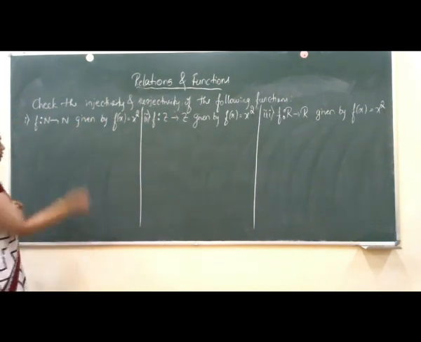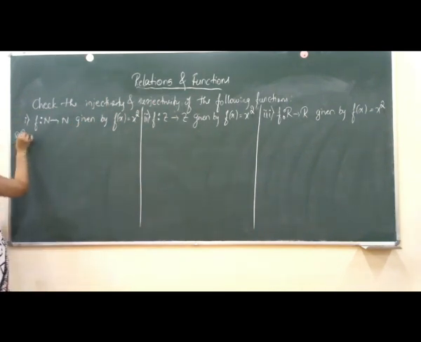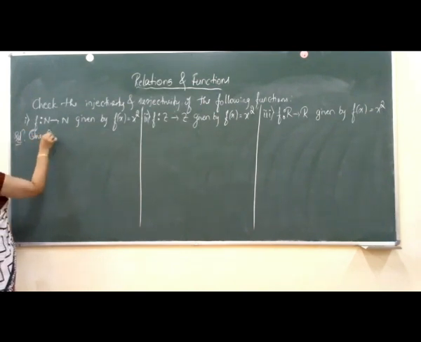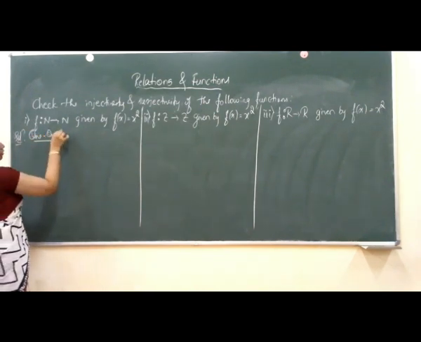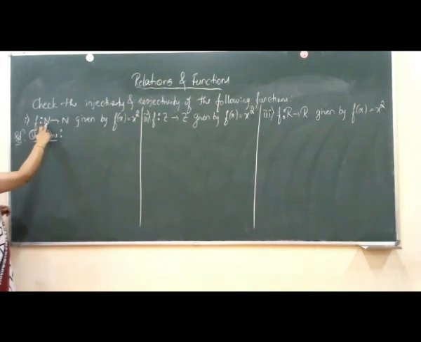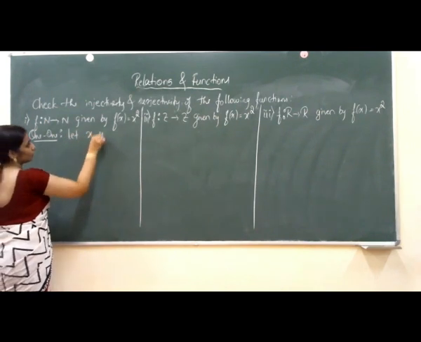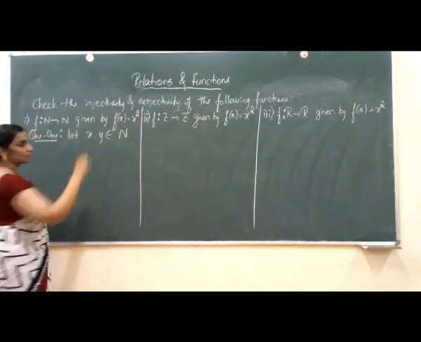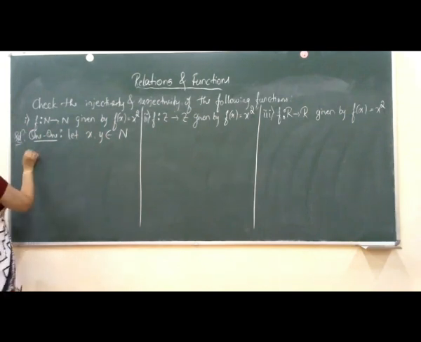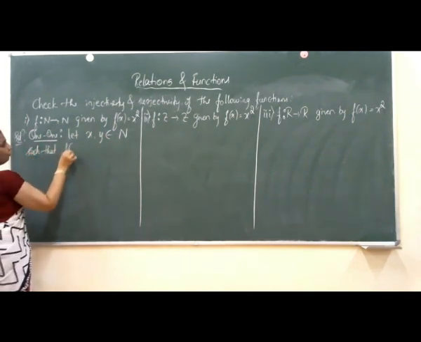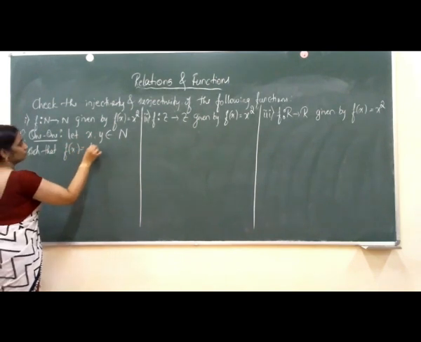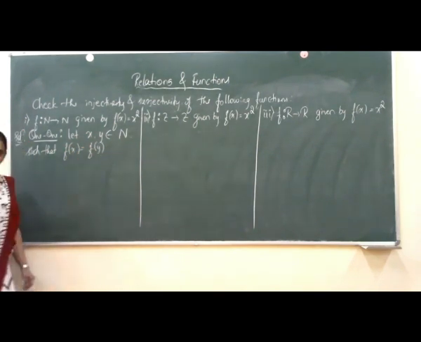How to prove that? We will consider the condition for one-one. So what we do? We will take any two arbitrary elements from the domain. So let x, y belong to the set of natural numbers such that f of x is equal to f of y.